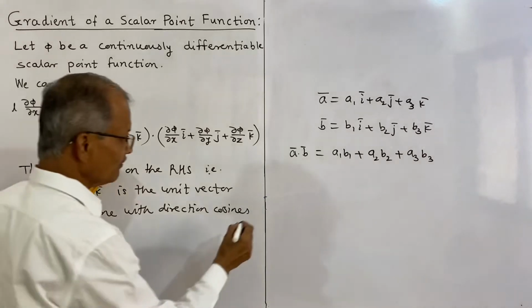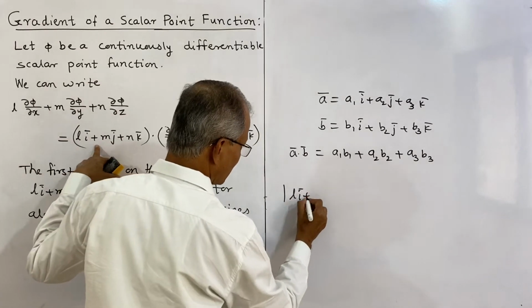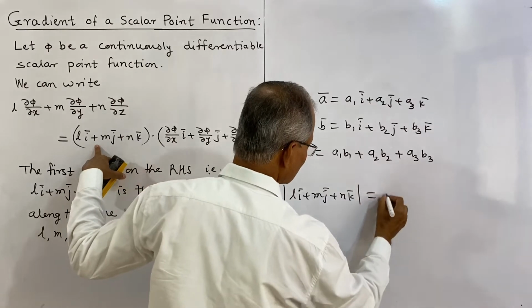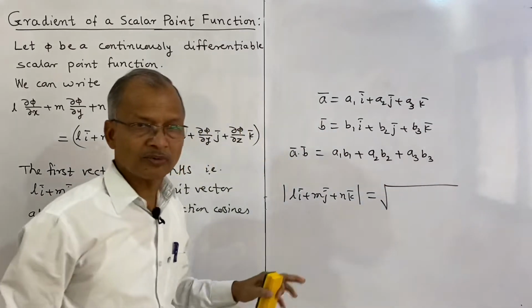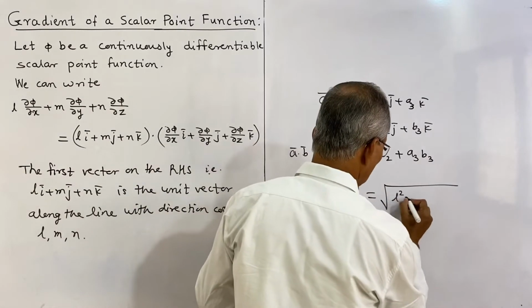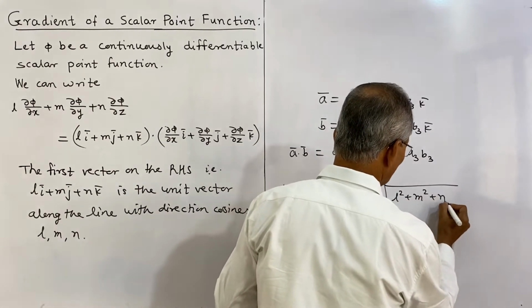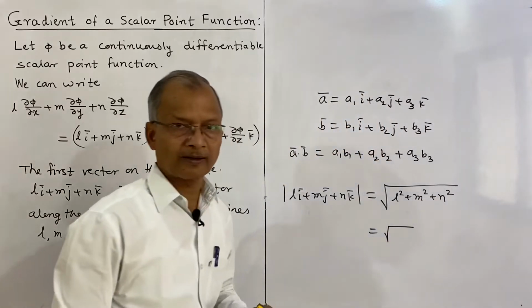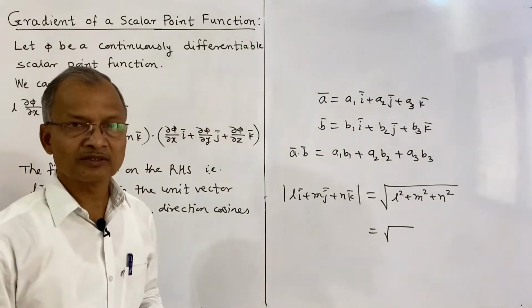The magnitude of l i plus m j plus n k, by definition, is the square root of the sum of squares of the i, j, k components, that is l square plus m square plus n square, and we know the sum of squares of the direction cosines is equal to 1.